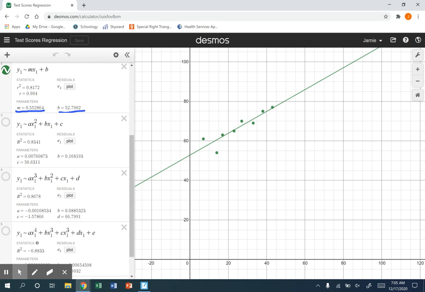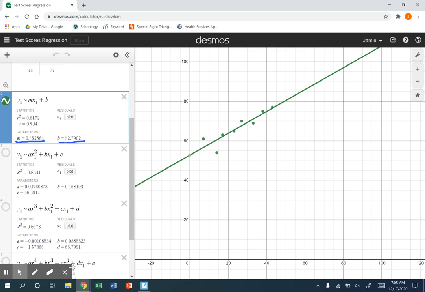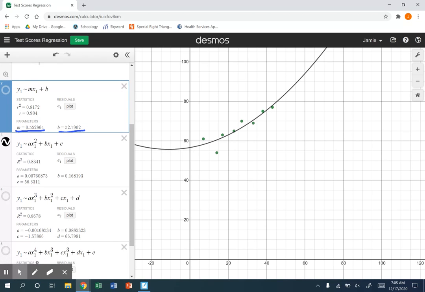And then we need to look at our value. So I'm going to go ahead and take off the linear and turn on the quadratic. Okay, and then we can see how that looks with our data points. And again, now we're looking at the A, B, and C values here. I'll just highlight those.